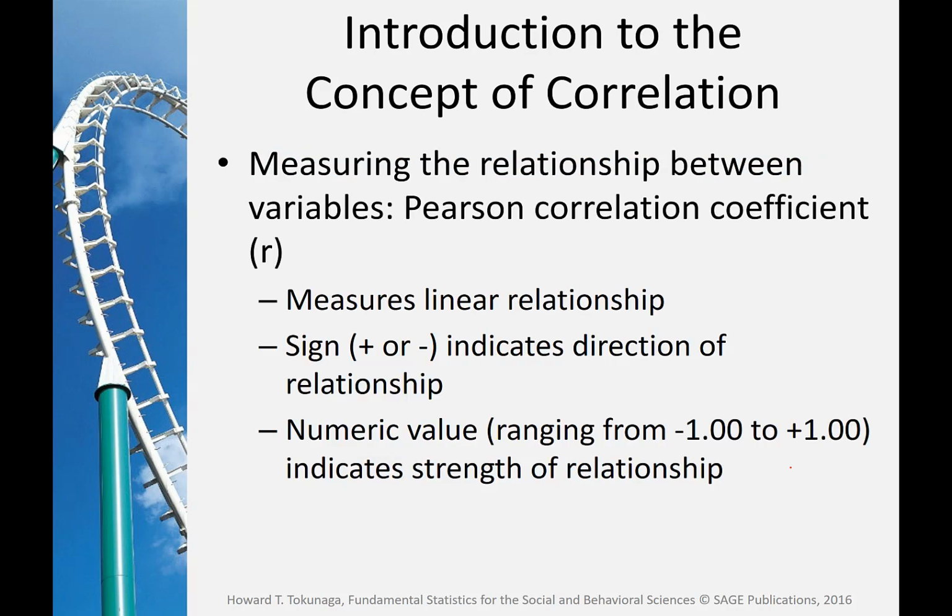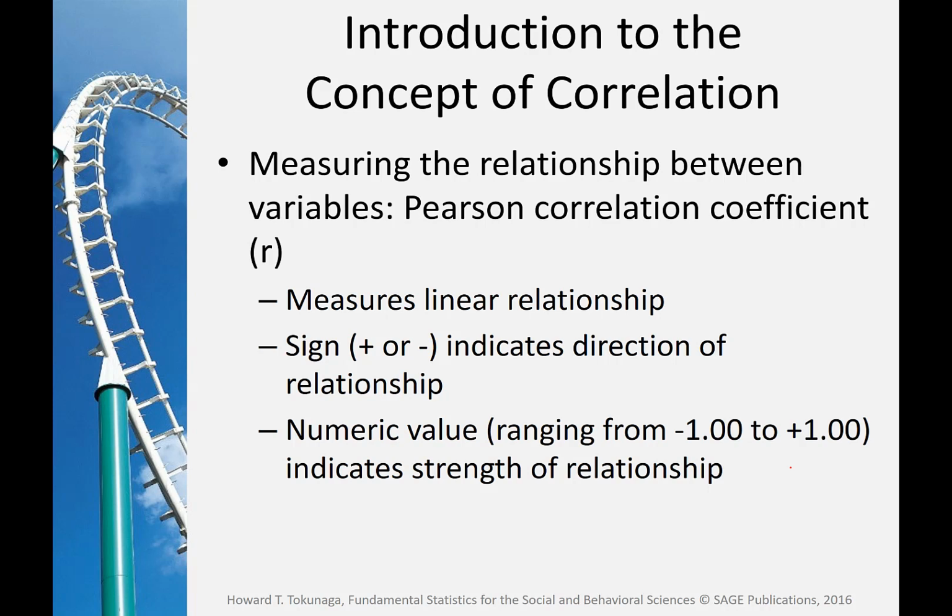Correlation, when you're reading an article, is represented by the statistic R. Nothing Greek, just an R. One of the assumptions behind correlation, first of all, is that it's measuring the amount of a linear relationship.